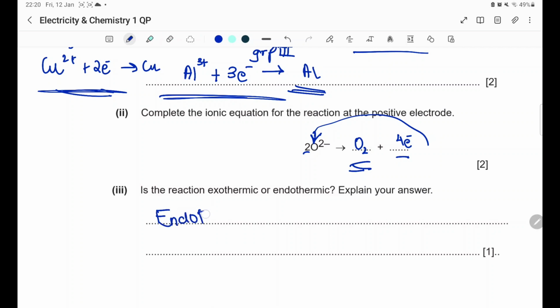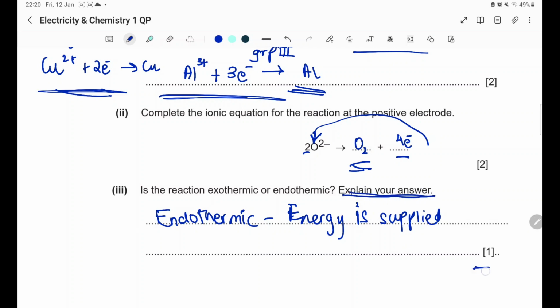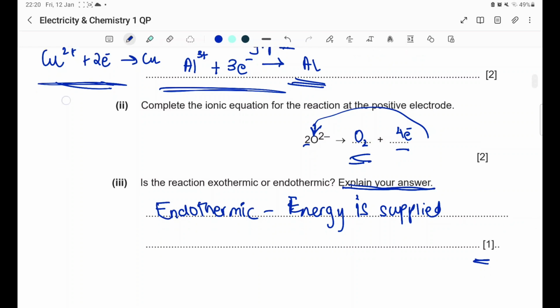All decomposition reactions are endothermic, and that is because energy is supplied. Now, once again, they said explain your answer. So if you just say endothermic, you will not get your complete mark. You have to give a reasoning as to why it is endothermic, and that is because energy is supplied.